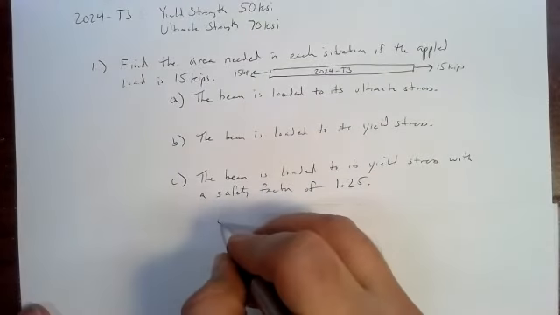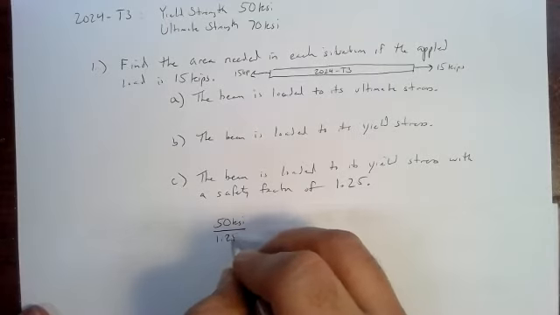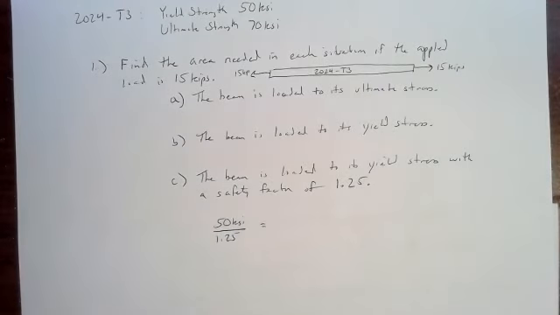So the stress here we want is 50 ksi, but I'm going to divide that by 1.25. If I divide that by 1.25, I should get a relatively nice number, because dividing by 1.25 happens all the time. It's the same thing as taking 80%.